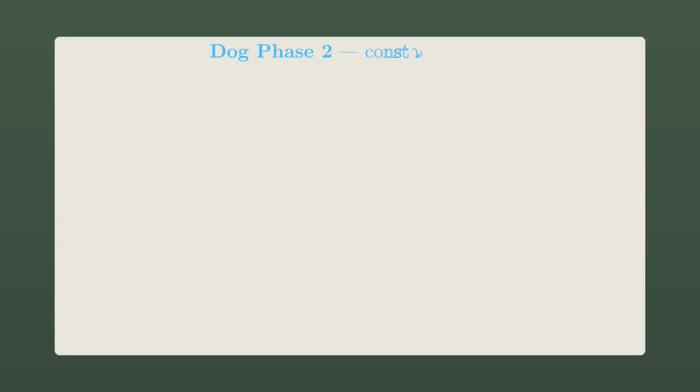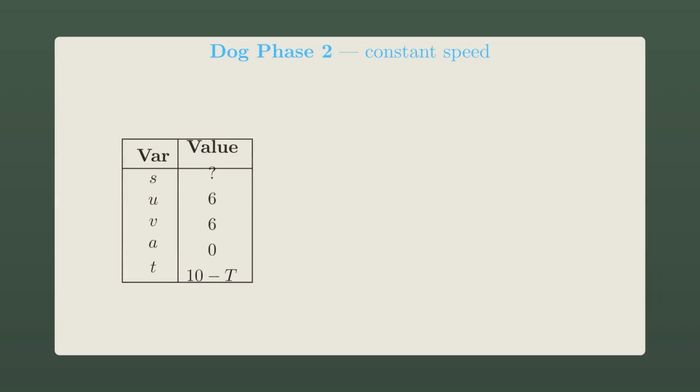Now for phase 2, for the dog, this is quite interesting because here we don't even need a SUVAT equation. What I can simply say here is if we list out our SUVAT variables, S we don't know, U we know is equal to 6 because remember it's constant speed, we started at 6, so it's going to remain constant. V is 6 for the same reason. Okay, we're not changing that. And because we're traveling at a constant speed, A is 0, we're not accelerating.